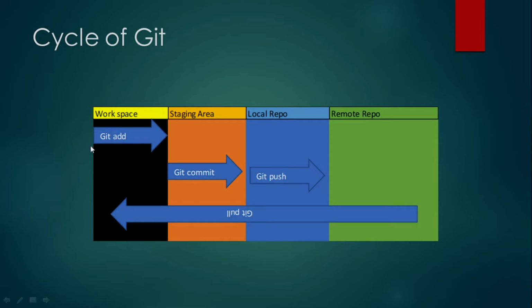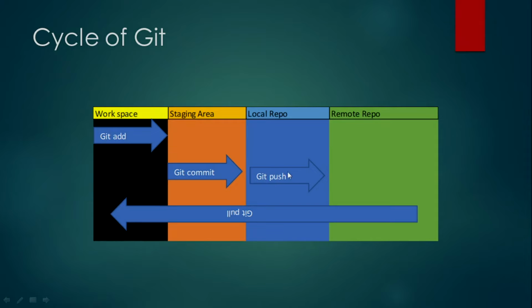So there is a command git add. When you do that, your code will be added into the staging area, and once the code is added to your staging area, you do git commit, and then your staging area files will move to the local repository.